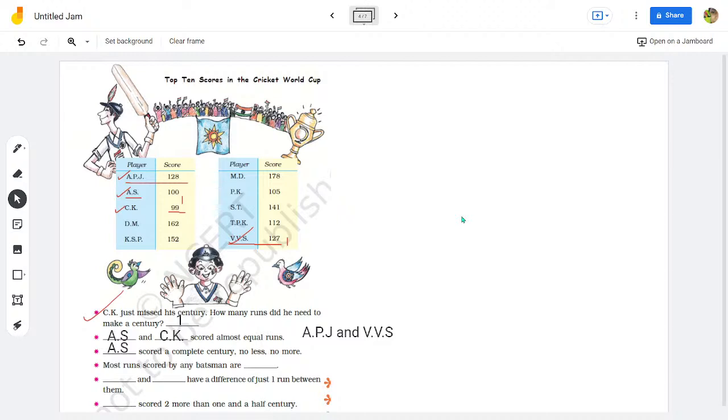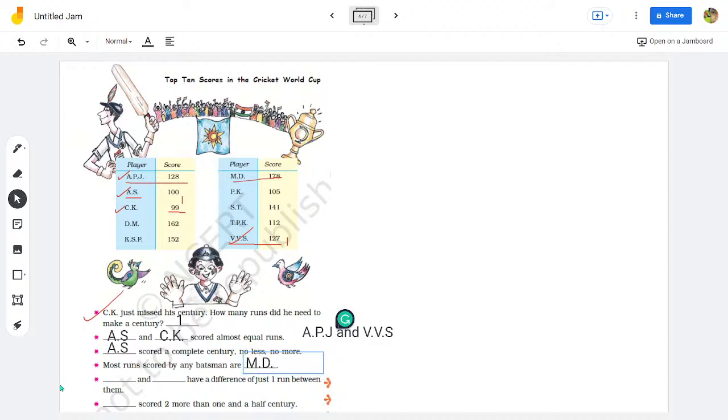We have MD, and he has scored 178, which is more than any of the other scores on the scoreboard. That means MD is the person who has scored the most, right? Let's move on.